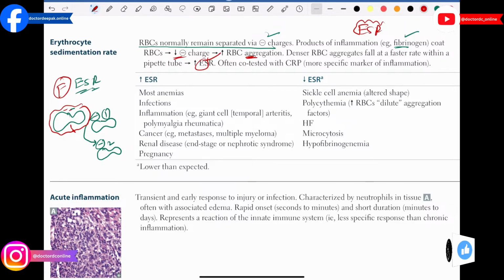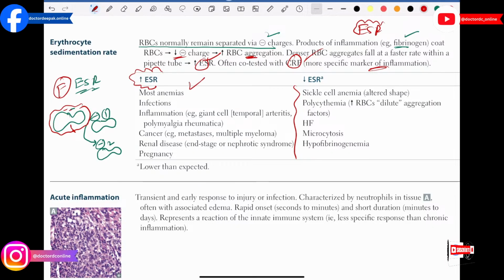Then after that you have to remember the C-reactive protein is also increased during inflammation and is a specific marker for inflammation. Often and more commonly when we are doing the ESR, we are also checking this C-reactive protein, because both are inflammatory markers. Then this is very important. They can ask you in the exam what are the examples in which the ESR is going to be produced in more amount.